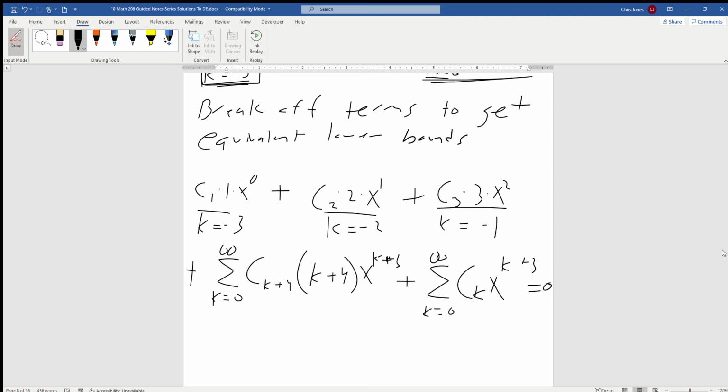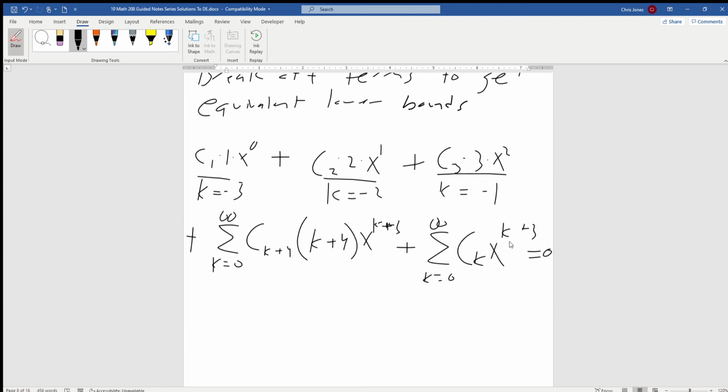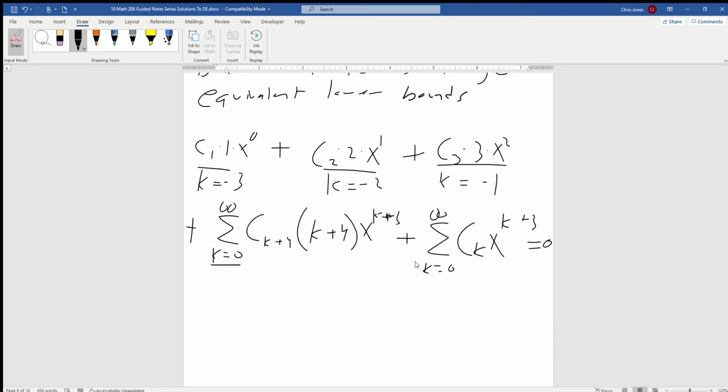All right, so how did that help us? Well, it gave us the same lower bounds, and we have these x to the k plus 3's. Now we can factor out the series. I'm going to simplify all these c terms, and then also factor out.